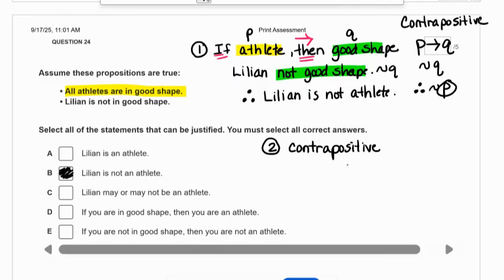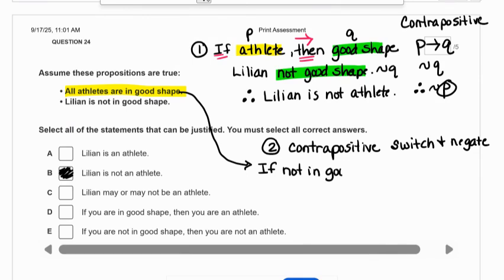Okay, to write the contrapositive of a statement, you switch and negate it. So we're going to take this statement up here, we're going to switch it, and we're going to negate it. So that would be if you are not in good shape, then you are not an athlete.